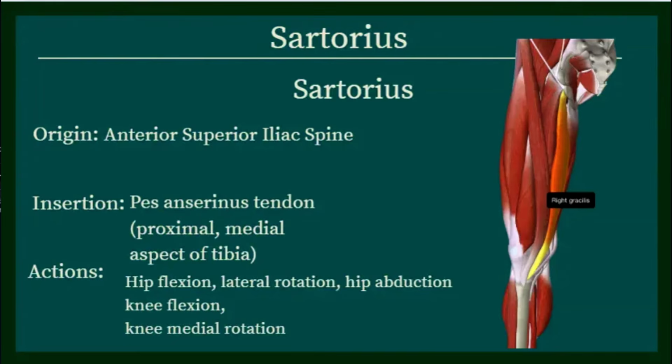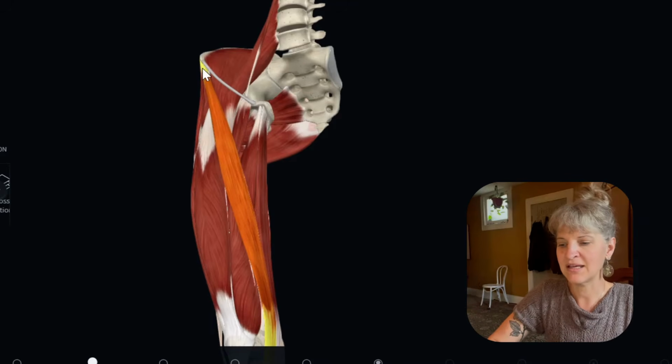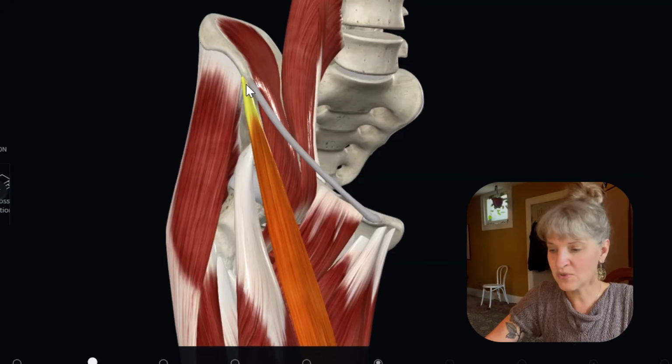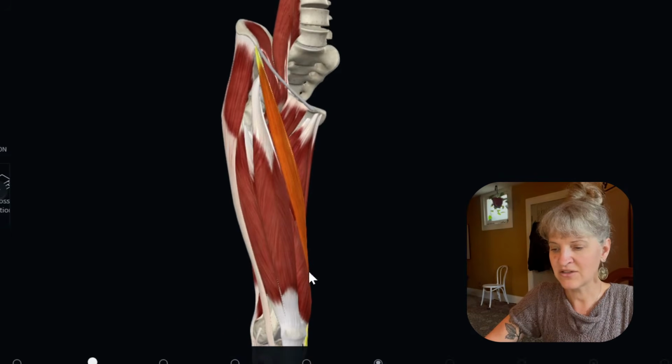This is the Sartorius. It does all those things, but it spans all the way across the leg because it starts at the anterior superior iliac spine, and it pulls on the pes anserinus tendon.